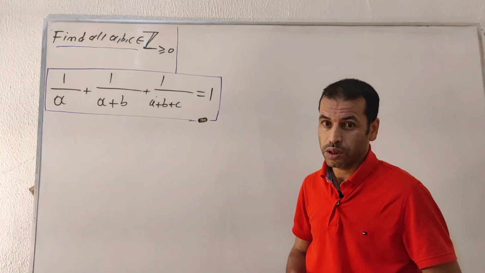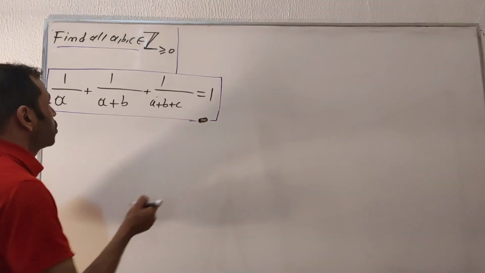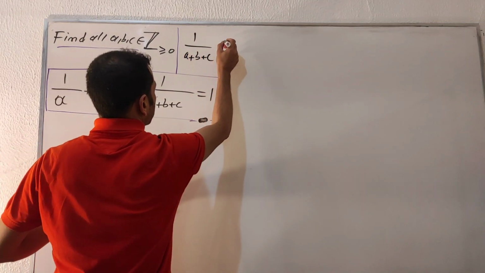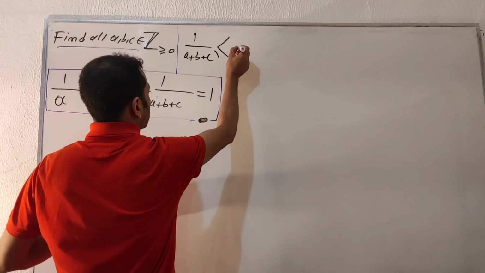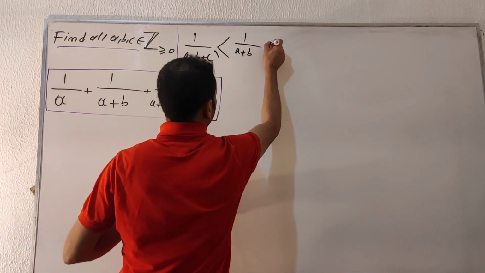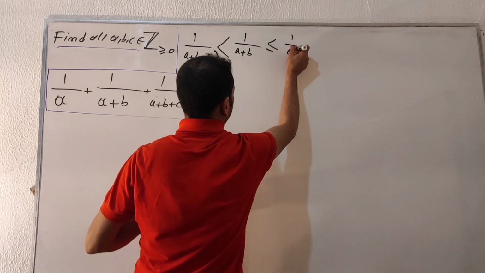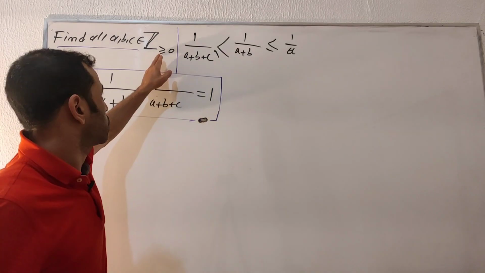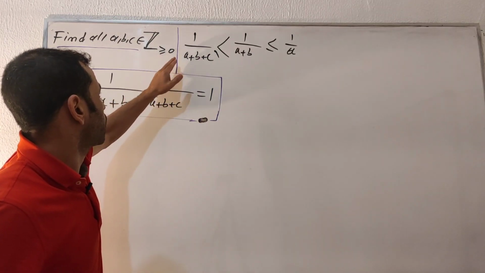Now let's jump into this one. We know 1/(a+b+c) is less than or equal to 1/(a+b), which is less than or equal to 1/a. We need to keep the inequality with the equal sign since these values are non-negative integers.